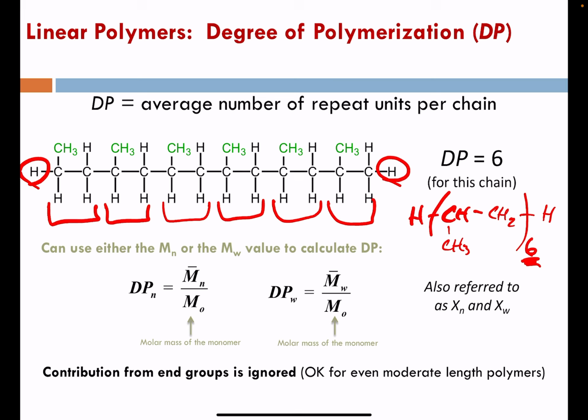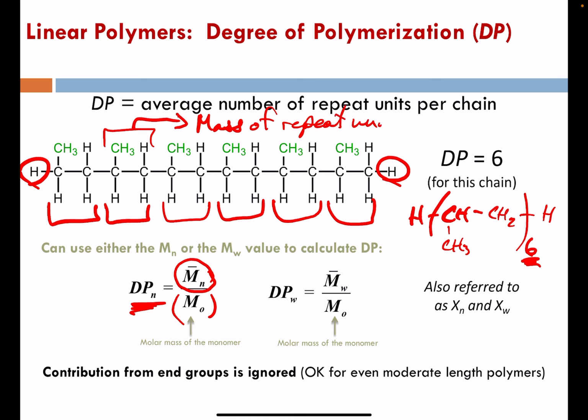That can be calculated in two ways. We can have the number average degree of polymerization, which applies the number average molecular weight divided by the molar mass of the repeat unit. So this mass of repeat unit, everything in the parentheses, is M naught.